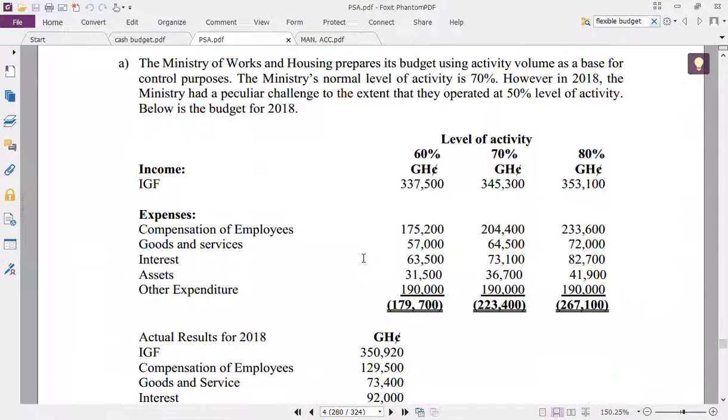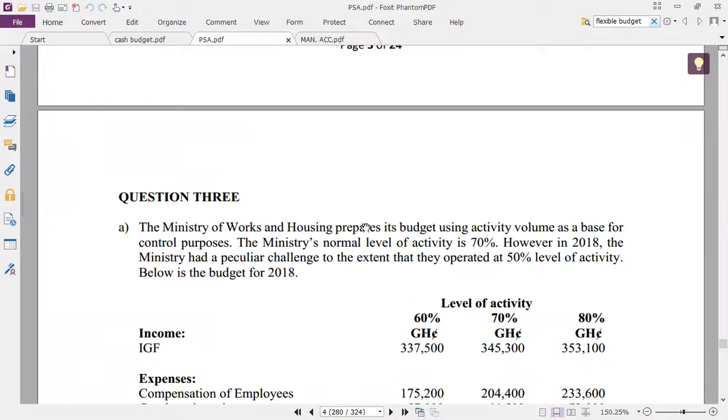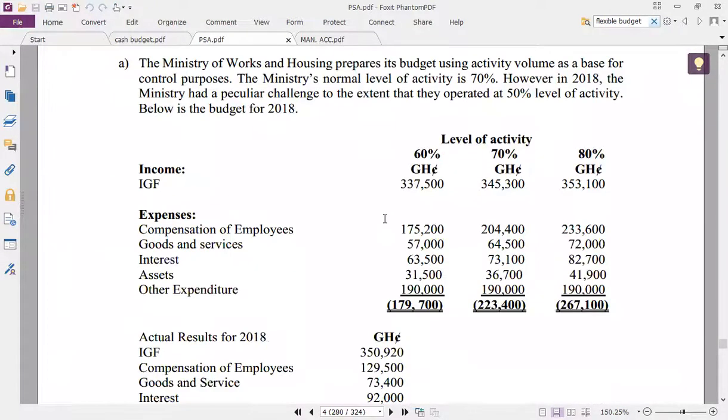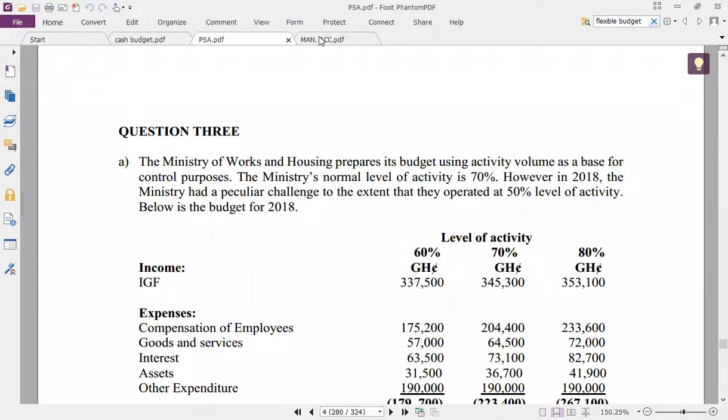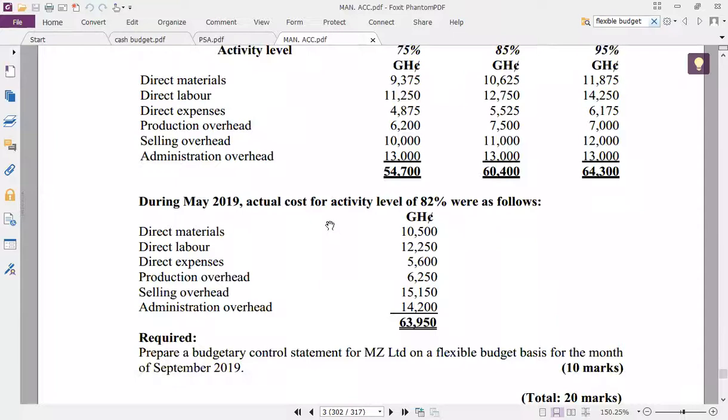In the following year, look at them. This one is public sector accounting question. The following year, that is November 2019, the same question dropped for the management accountant. Let's go to that particular question. This November 2019, management accountant prepare the budgetary control statement.